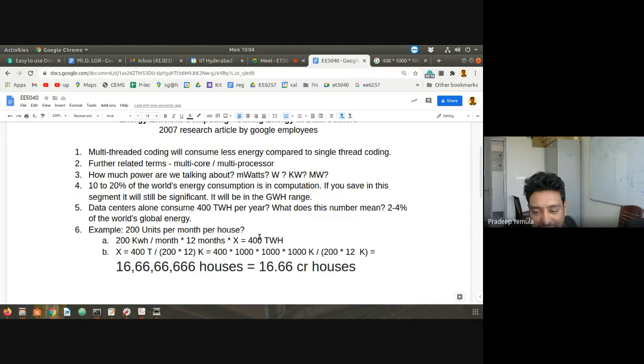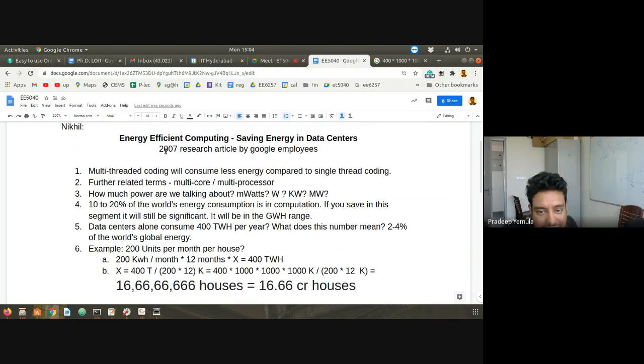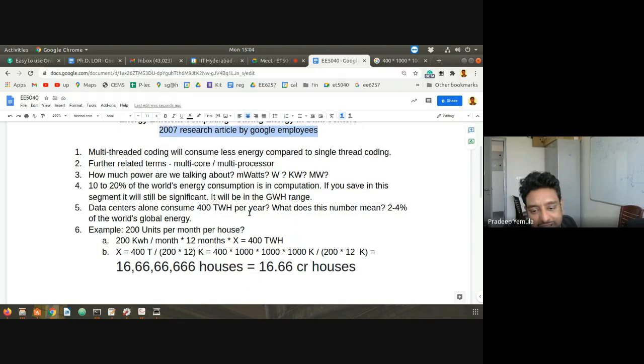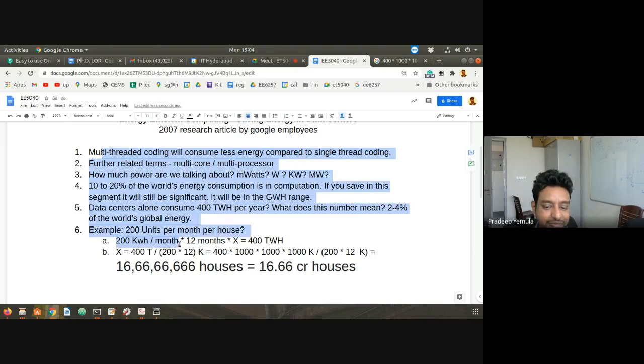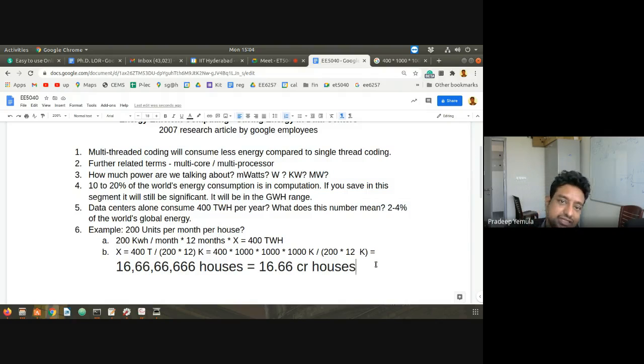That's why I want you to get this sense of what 400 terawatt hours is. So if any one of you, like Google employees who are doing research, can spend some time and find out more about this and develop some kind of monitoring, such as how many servers are running, which servers are idle, and then switch off some cores, all that kind of stuff, it can be worth a lot in saving energy.